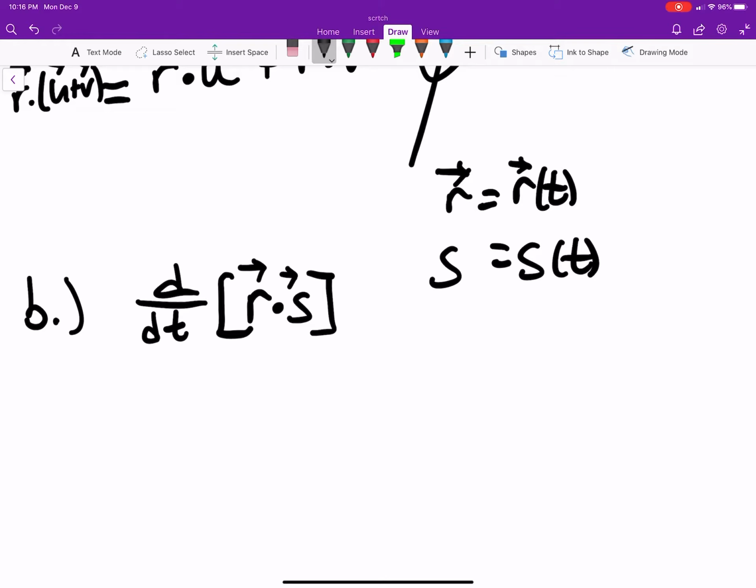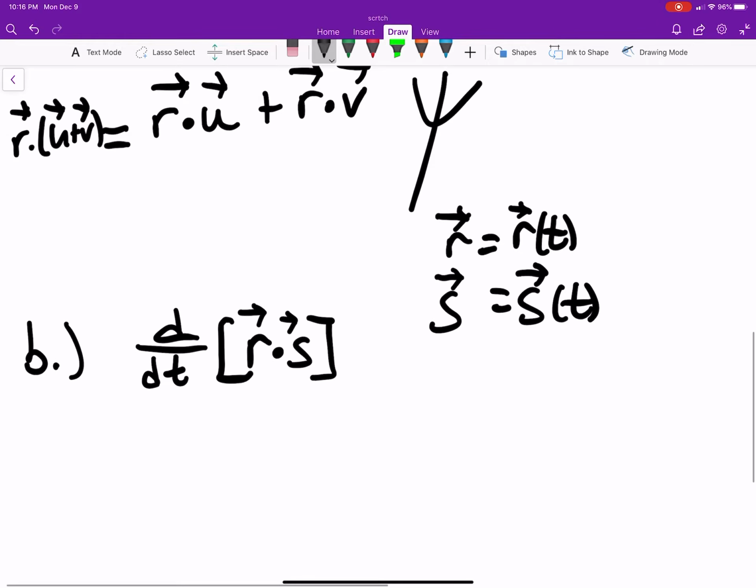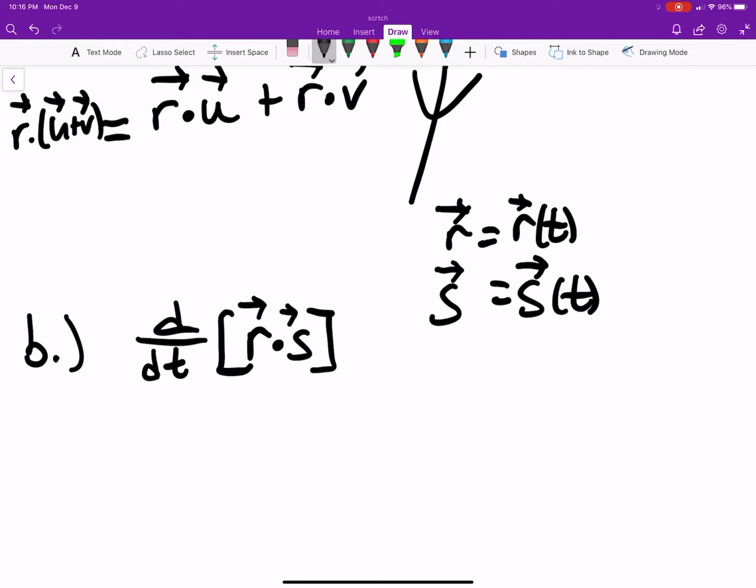It mentions in the question that the vectors are functions of time, right? Vectors r and s are vectors that are dependent on time. So just keep that in mind. I probably am going to do the lazy notation and just write r and s, but just if you're wondering, they are functions of time.